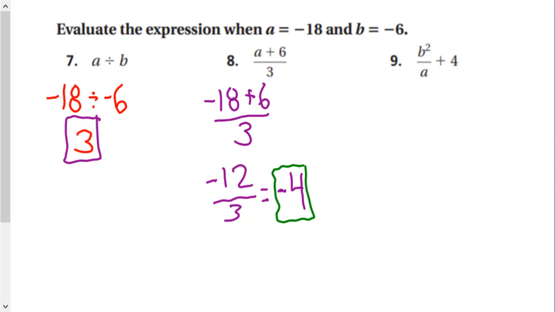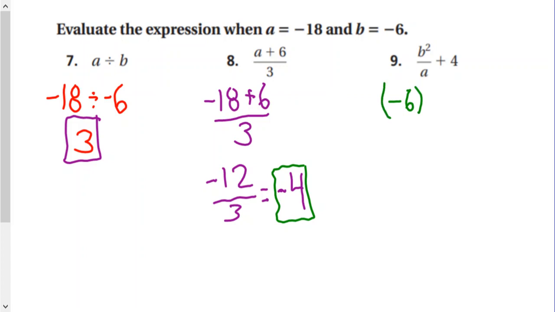All right, one more. B squared over a plus 4. And b is equal to negative 6. Okay, now, something that is important for us to understand, b is equal to negative 6. So if b is squared, we have to square that negative.